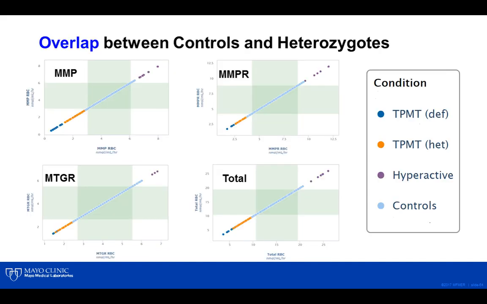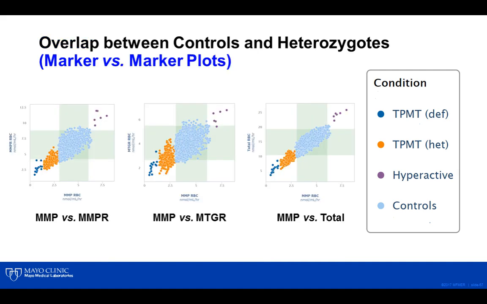A display of each marker plotted against itself in comparison to the respective range of peripheral percentiles confirms the expected pattern of overlap between controls and heterozygote patients. However, a very different picture becomes apparent when MPP is plotted against each of the other markers, showing a better separation between contiguous groups.